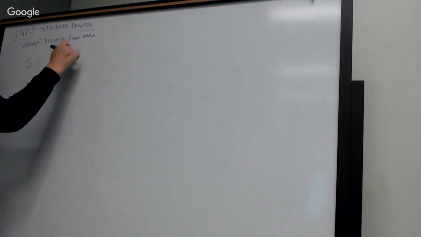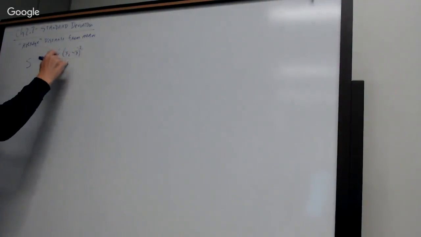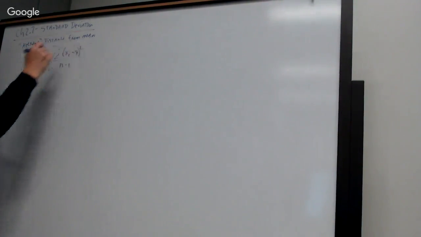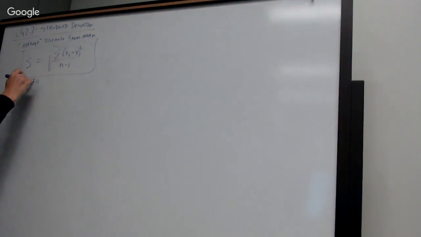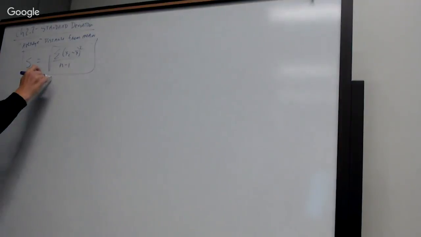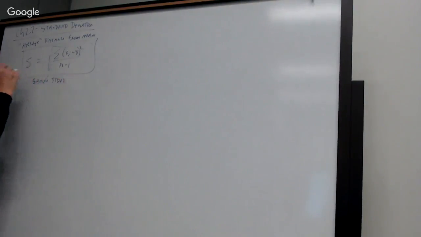The one that you're probably going to use is S equals the square root of the sum of (xi minus x bar) squared over n minus 1. That is what we refer to as your sample standard deviation. That's the better formula, because most of the time we're going to be dealing with samples.